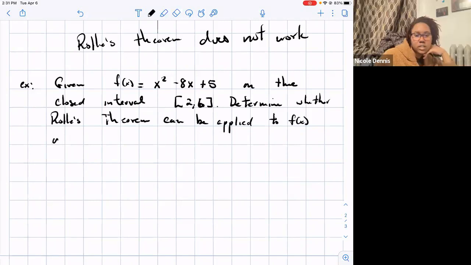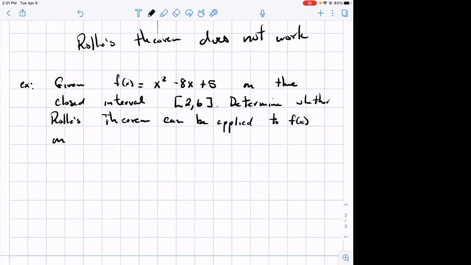Is that 2 and 6? Yes. Determine whether Rolle's theorem can be applied to f of x on the closed interval.